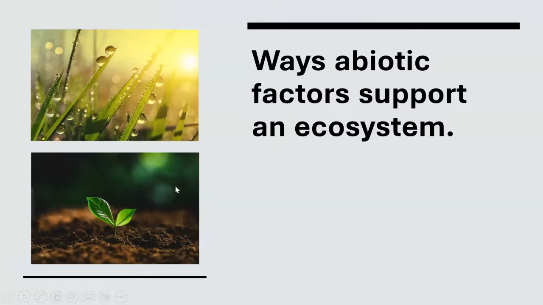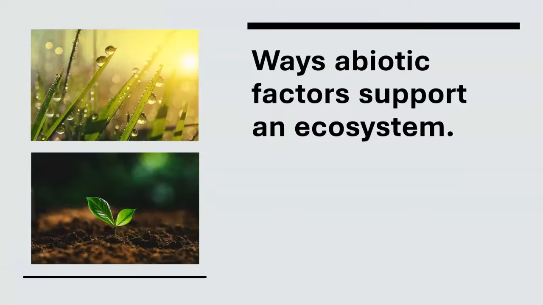So in what ways do abiotic factors support our ecosystem? We get sunlight from the sun, which plants use during photosynthesis, which makes them grow. That's by making their own food. They also need the soil, which we can see in the rock cycle comes from sediment.